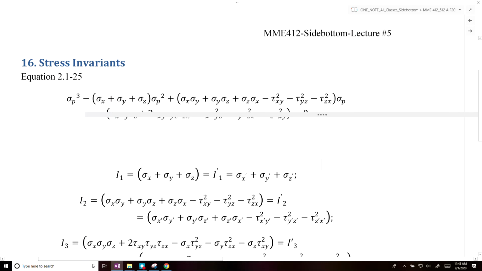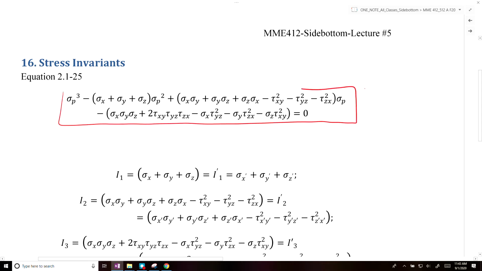In the last lecture, we talked about finding the principal stresses in 3 dimensions. We can use this cubic equation to determine our 3 principal stresses, sigma P1, sigma P2, and sigma P3. For equivalent states of stress, the principal stresses will be the same.